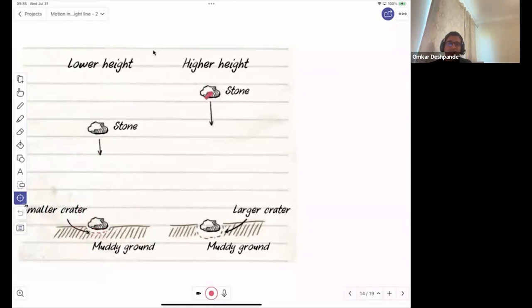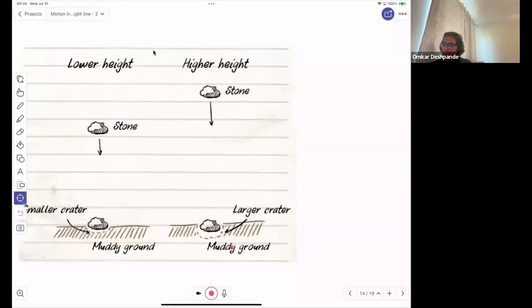If you drop it from a higher height, it would make a deeper hole. Why is it making a deeper hole? Because it seems to be falling with a greater speed when it hits the ground. So it feels commonsensical, based on common observations, to say that the speed of an object that is dropped is not remaining constant as it falls.